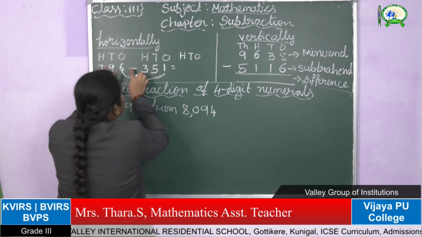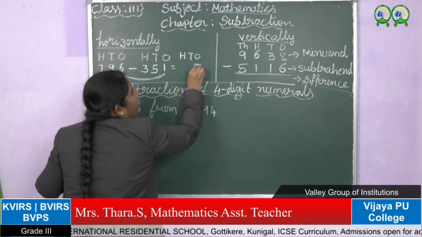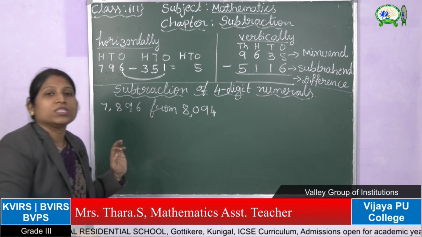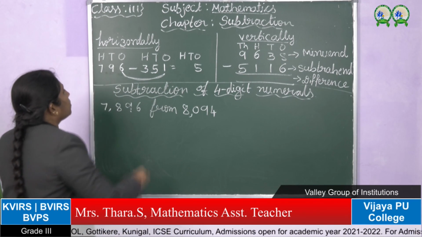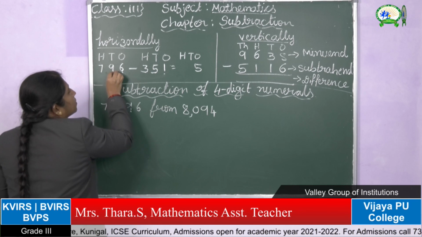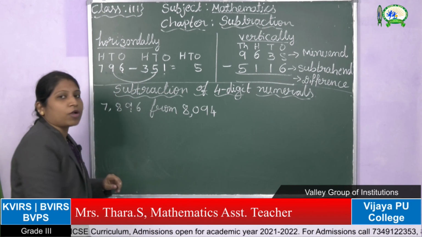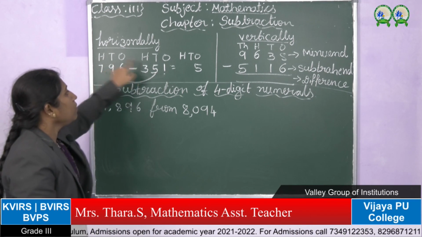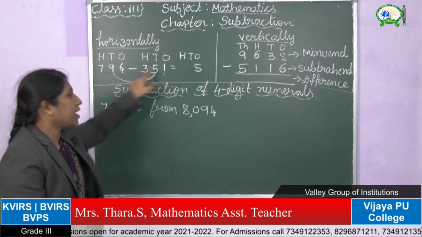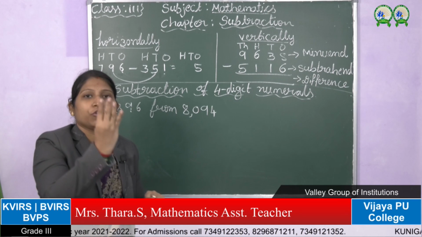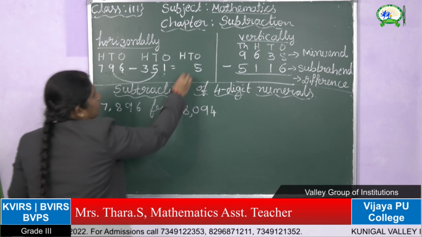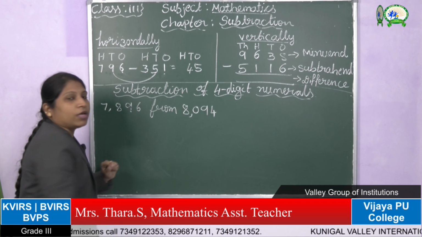You have to write it under the ones place. Then we have to subtract the tens place digits. From 9 you have to subtract 5. If you subtract 5 from 9, what will you get? 4, very good. 4 you have to write here.